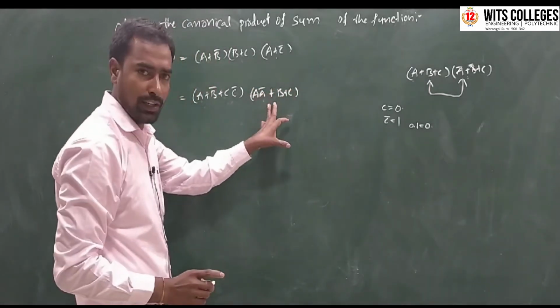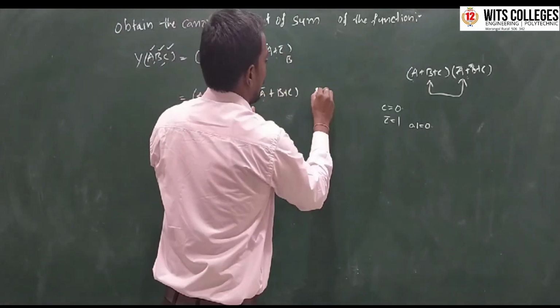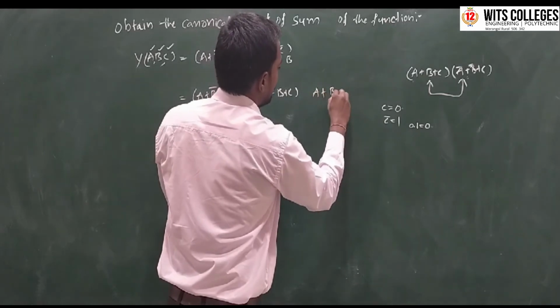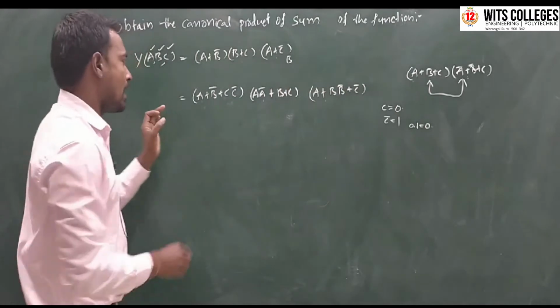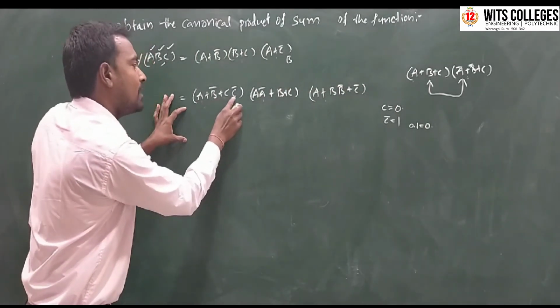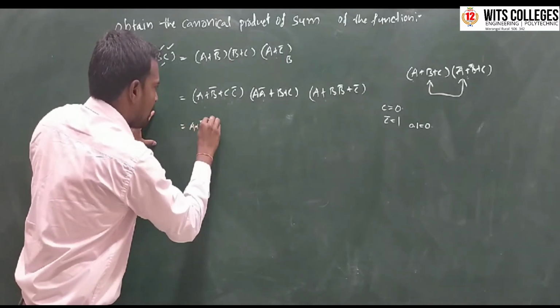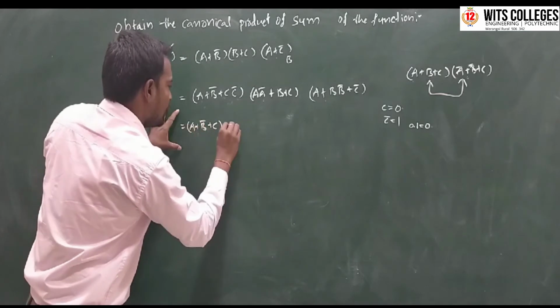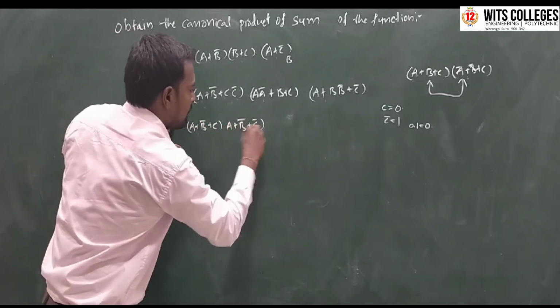The value will not be changed here, and the missing term is B, and that can be written as A plus B into B bar plus C bar. This A plus B bar plus C into C bar can be written as A plus B bar plus C into A plus B bar plus C bar.